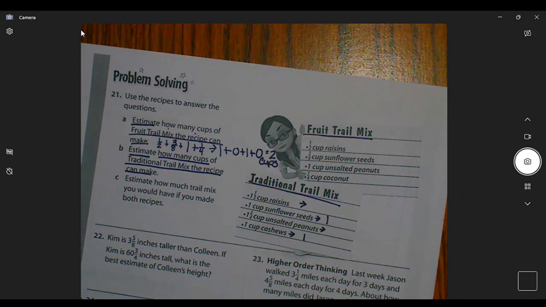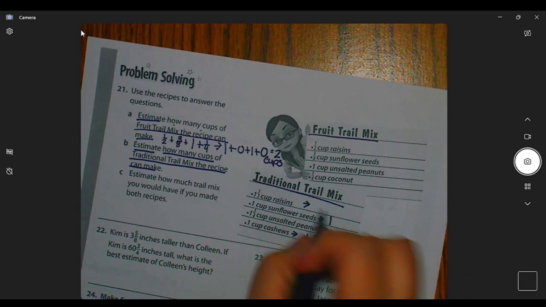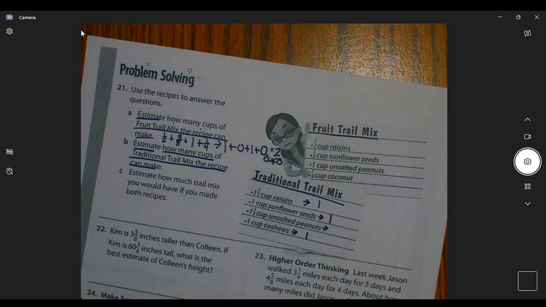1 1/3. 1/3 rounds to what? Right, 0. So 1 1/3 rounds to 1 or 2? Right, 1. 1 3/4. 3/4 rounds to a whole, a half, or a 0.